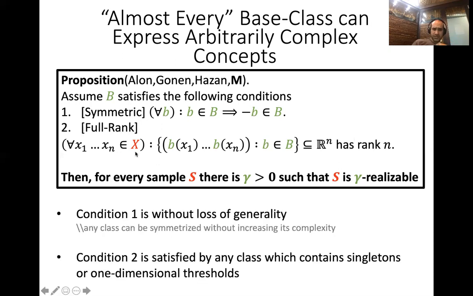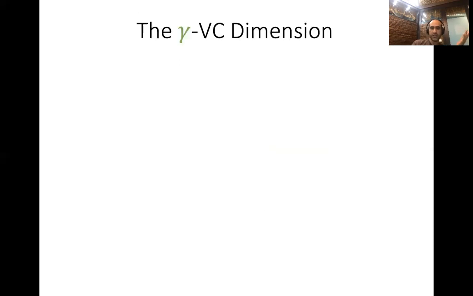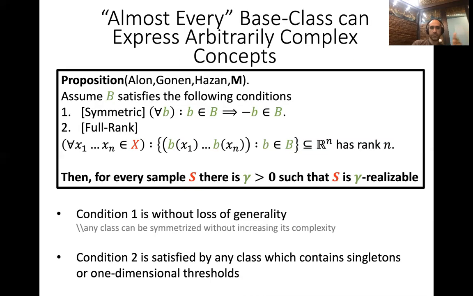And notice that these conditions are satisfied by any class which contains singletons or one-dimensional thresholds, right? Then you get a triangular matrix or the unit matrix, which are full rank. So this is really easy to satisfy. And once you satisfy it, then really you are able to approximate any target sample, and one can also formulate theorems that you can actually learn anything using boosting such weak learners.